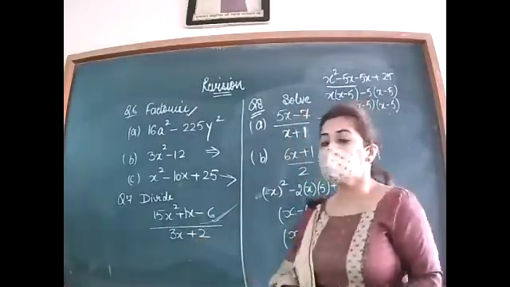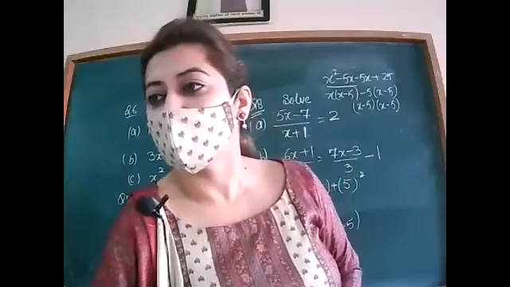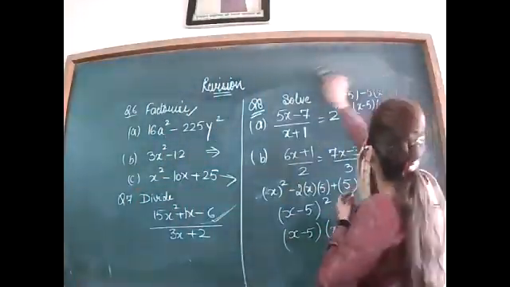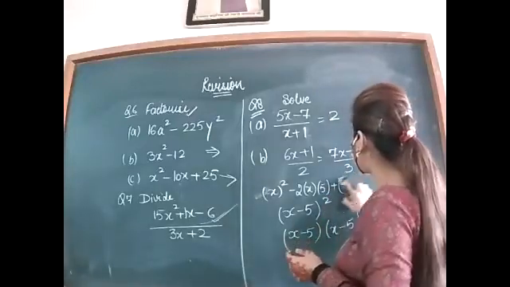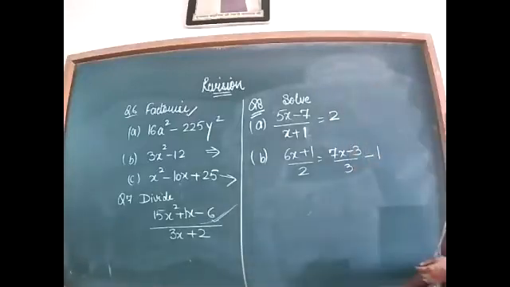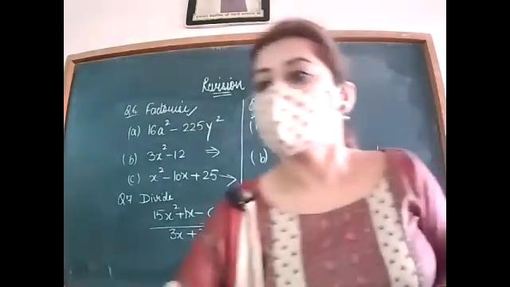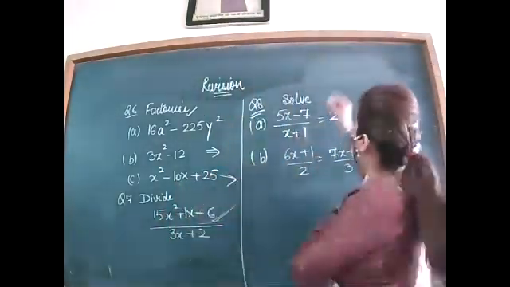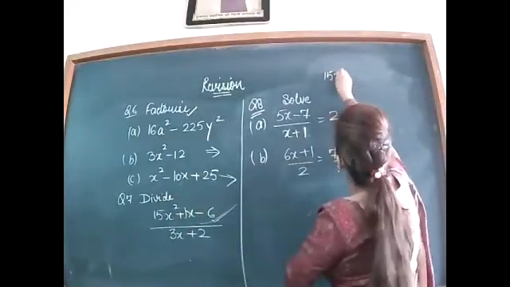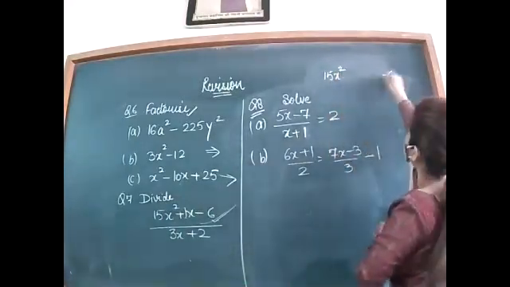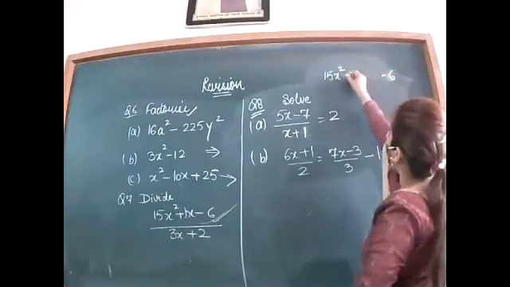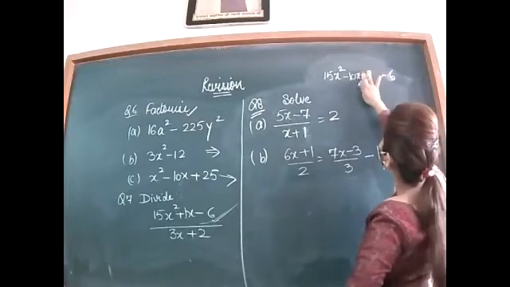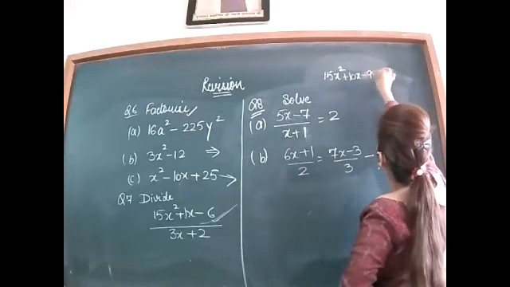So in this case, you will have the factors of 90 as 10 into 9, and that 10 into 9 will give you 90 on multiplication, and on subtraction, you will have 1, because in the middle term, we want 1. So this 15 x square minus 6, you have factors as minus 10x plus 9x. Sorry, plus we want here, and minus you will write here.